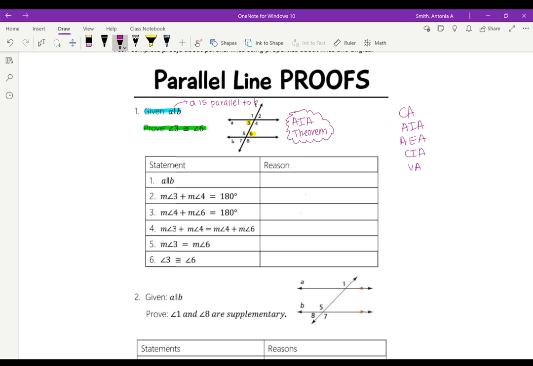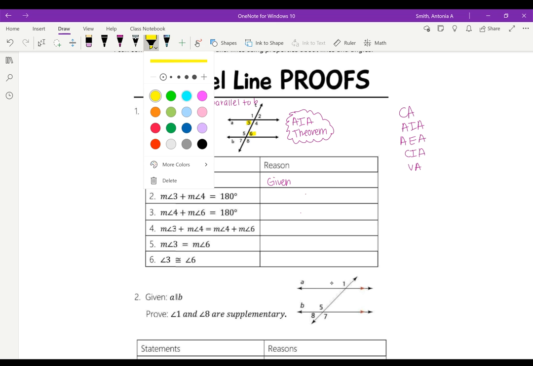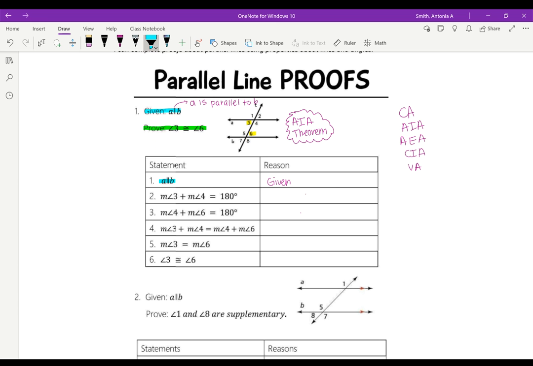Just like any other proof, we have 2 columns, statements and reasons. Your first statement is always your given information. So we have A is parallel to B, that's given to us. Now let's look at statement number 2. Remember, geometric proofs are not like algebraic proofs.